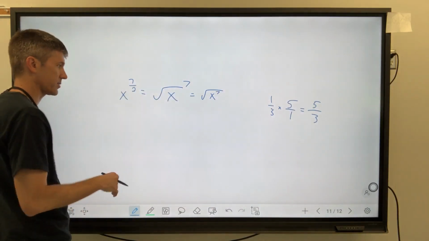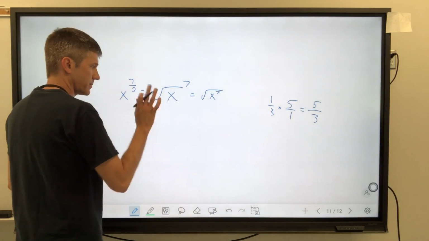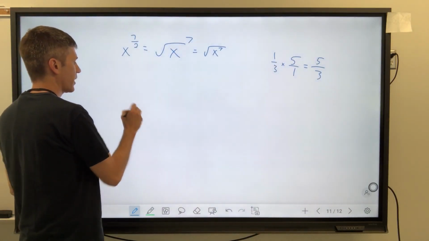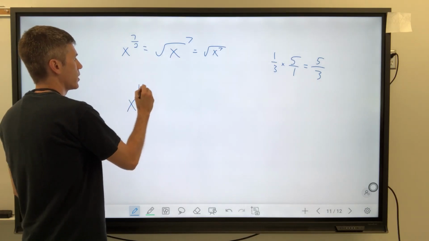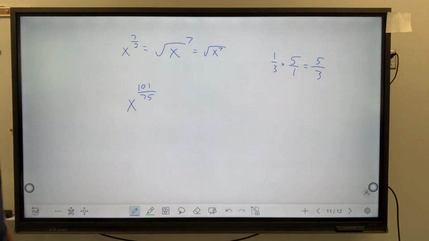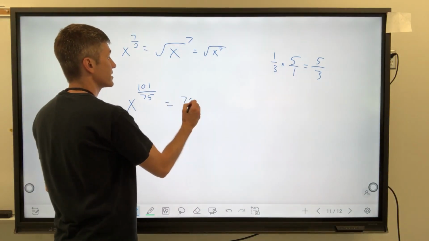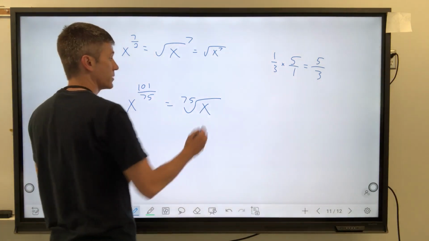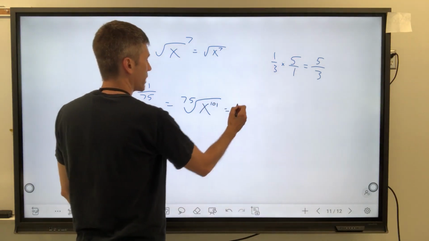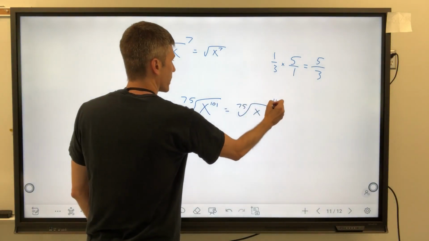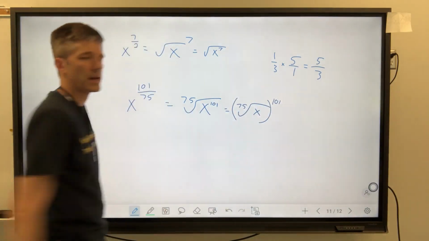There's some where it gets crazy, but we're not going to play that game right now with what we're doing. So if I had x to the 101 over 75, I want to pick something that didn't reduce. So I would have the 75th root of x, and I'd raise it to the 101. So I could raise it to the 101 here, or I could say, you know what, it's the same thing as if I do the whole thing to the 101 parentheses if you would like to.